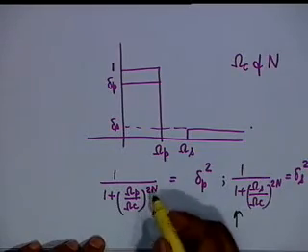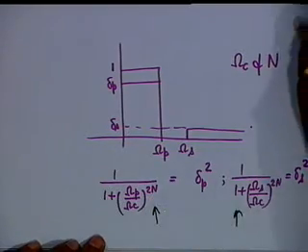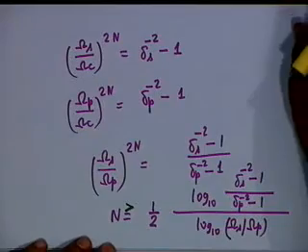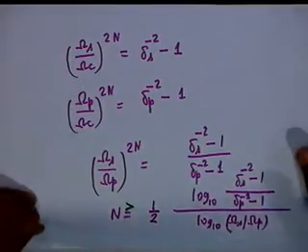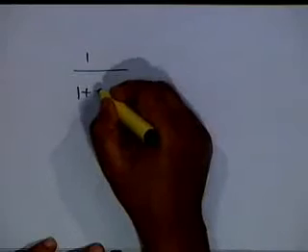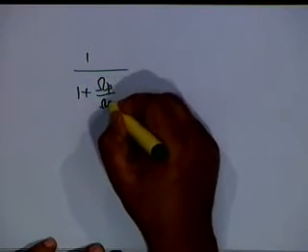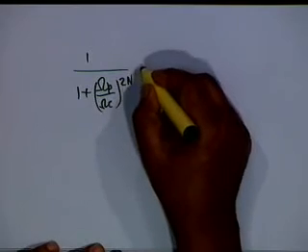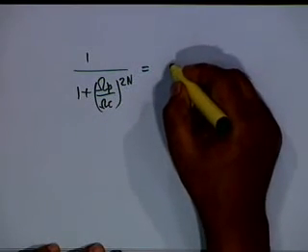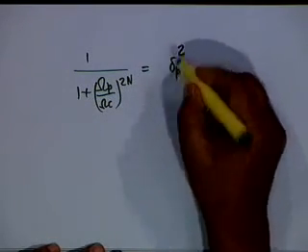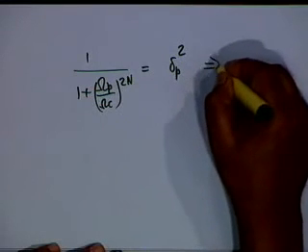Okay? So capital N, whatever value you have obtained, you substitute this in 1 by 1 plus omega p divided by omega c to the power 2n is equal to delta p squared. From this you find omega c.